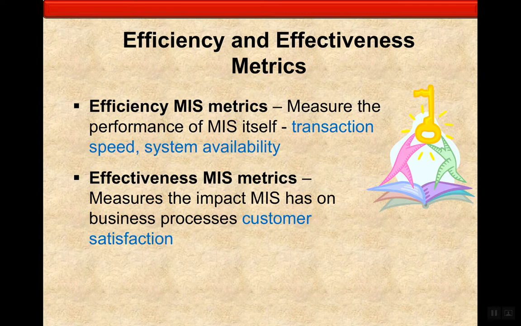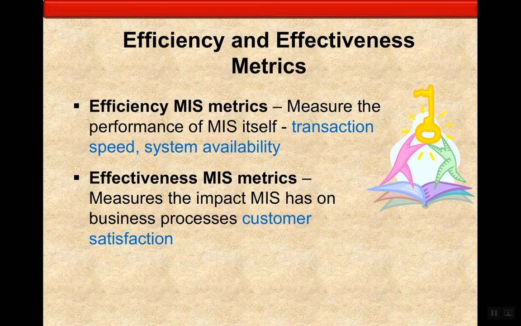Effectiveness is in a broader sense: what is the impact that it has on the business processes? If you hit all of your efficiency metrics like transaction speed and availability, what impact does that have in terms of overall effectiveness?